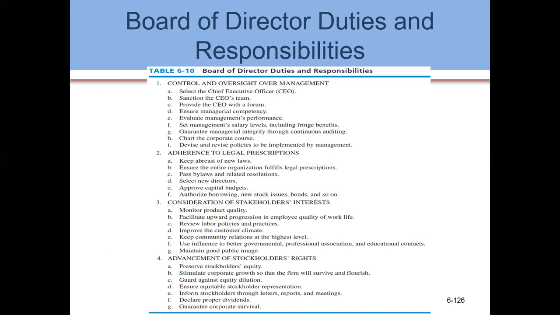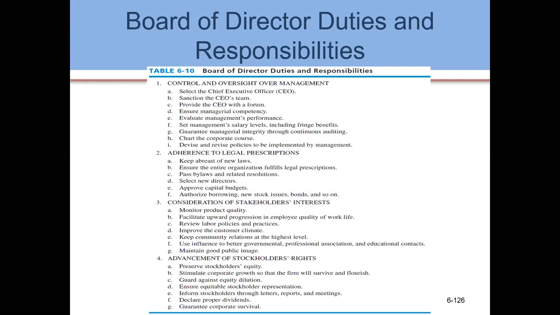That is the duty and responsibility of the board, which includes: select the chief executive officer, sanction the CEO's team, provide the CEO with a forum, ensure managerial competency, evaluate management's performance, set management salary levels including fringe benefits, guarantee managerial integrity through continuous auditing, chart the corporate course, and devise and revise policies to be implemented by management.